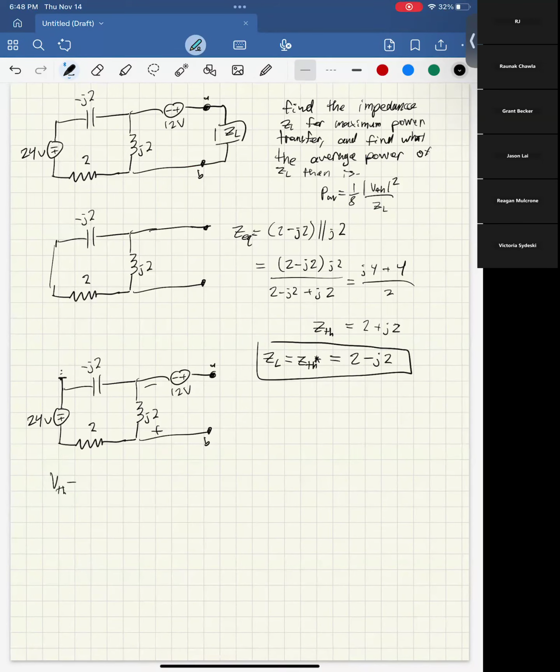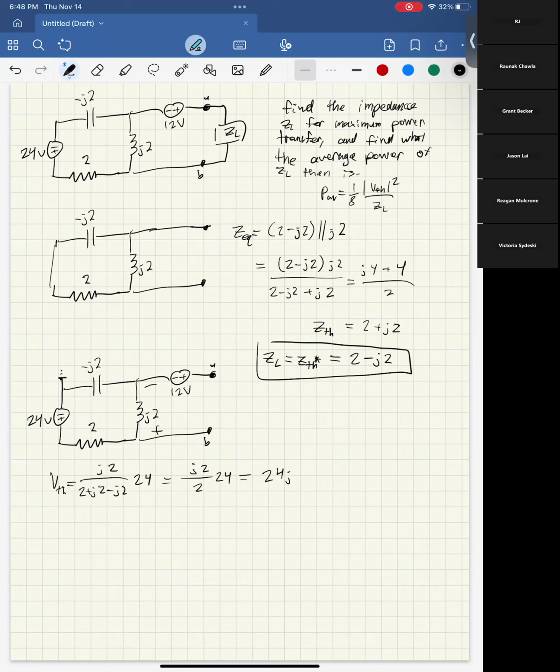VTH equals our voltage divider, J2 over 2 plus J2 minus J2. The math is actually pretty easy and nice here, times 24 volts. So that's J2 over 2 times 24, which is simply 24J.